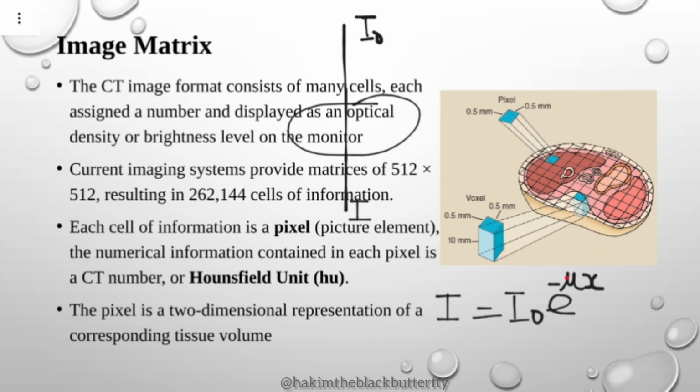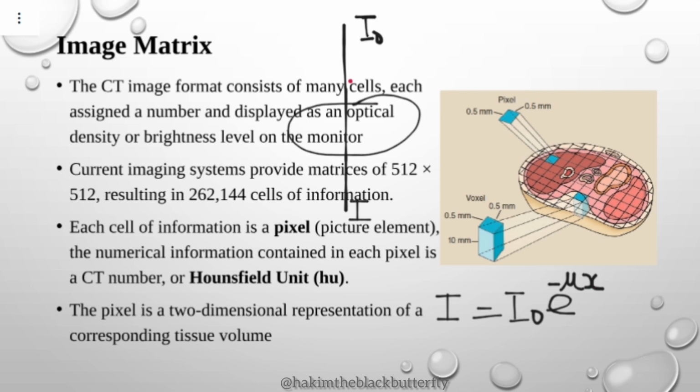It is specific to different tissues. It tells us how much of the beam has been attenuated as it is going through. And x is the thickness, for example, of this patient.